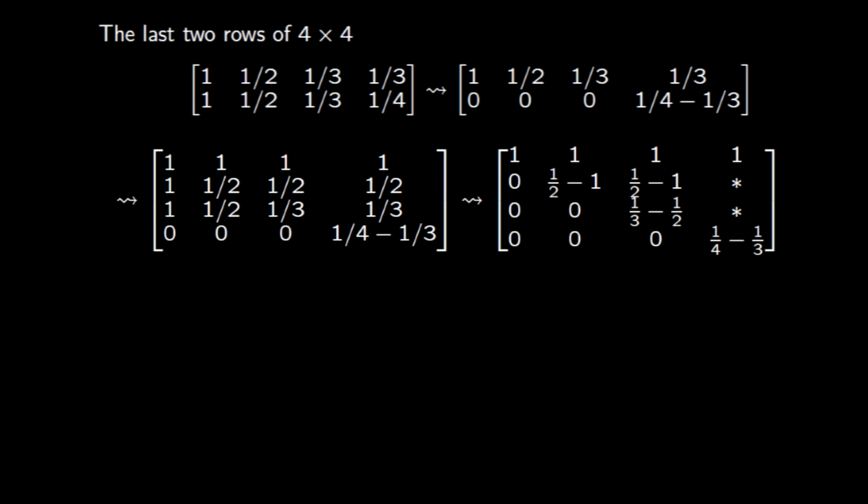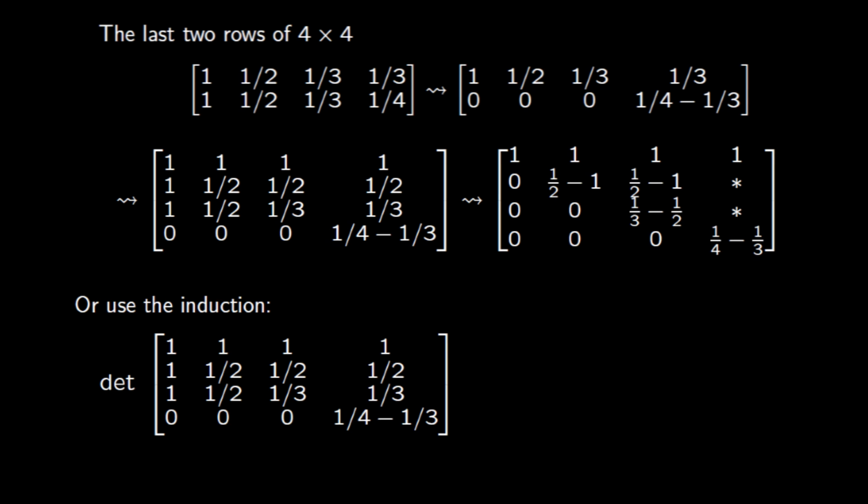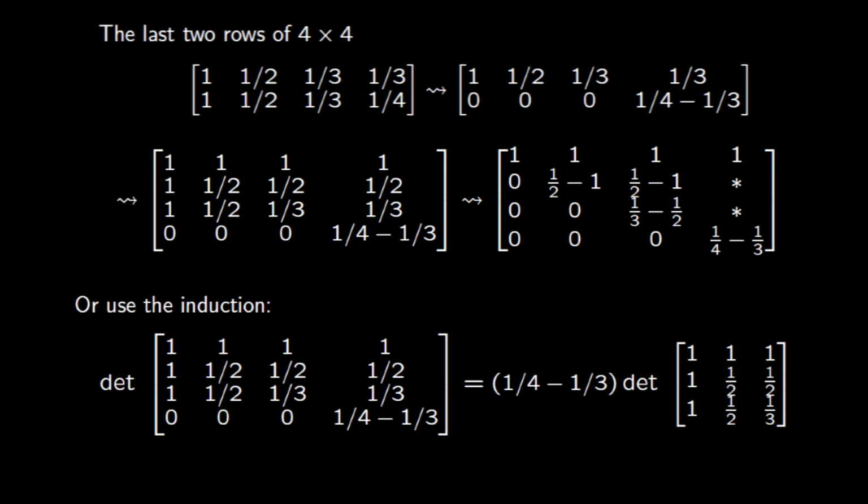Rather than applying row reduction to a sub-matrix, we may consider using mathematical induction. One popular way of computing determinant is to use Laplace expansion. Since we have zeros at the bottom row, the first level of expansion becomes a single-term expression. Recall that there is the alternating sign rule for each term in the expansion.